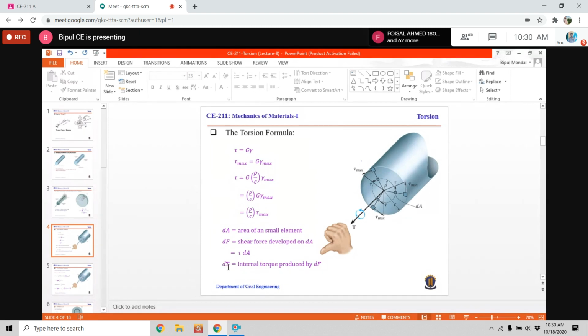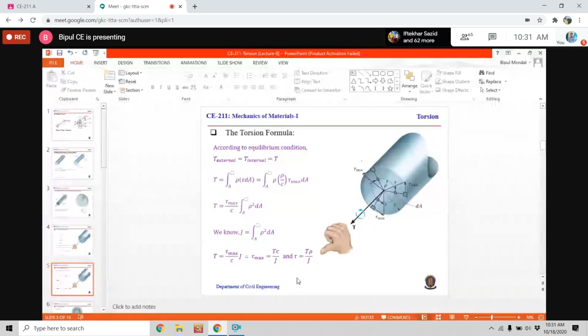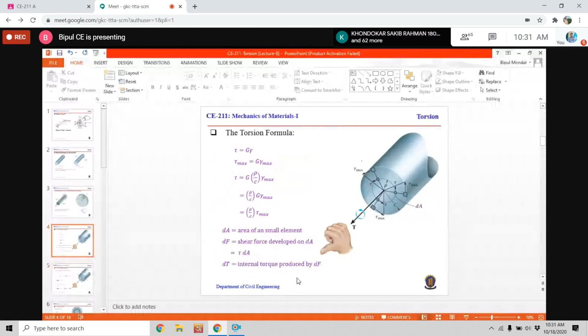So the torque developed by this small area will be tau dA times rho.